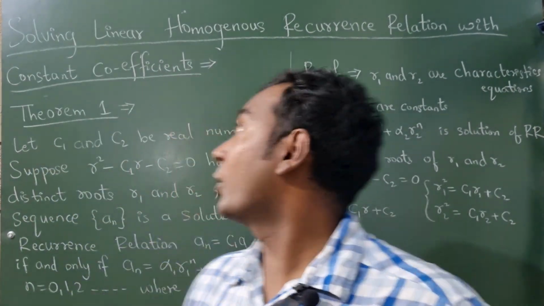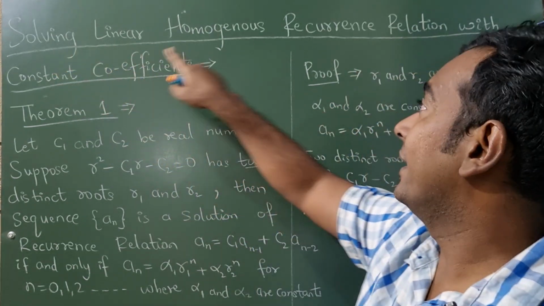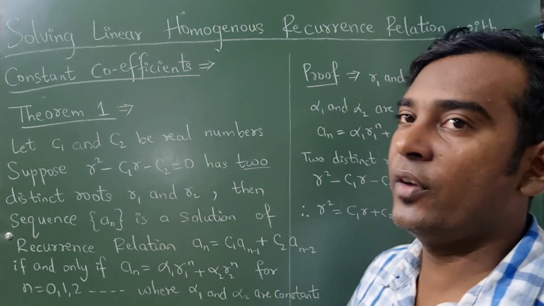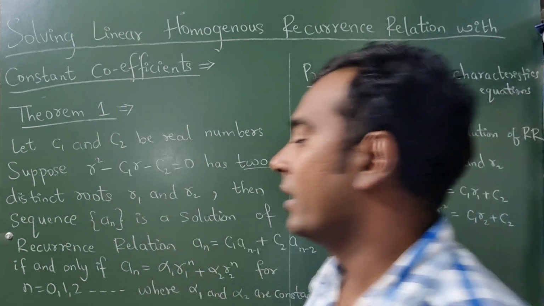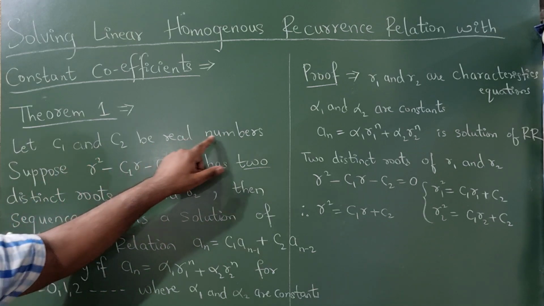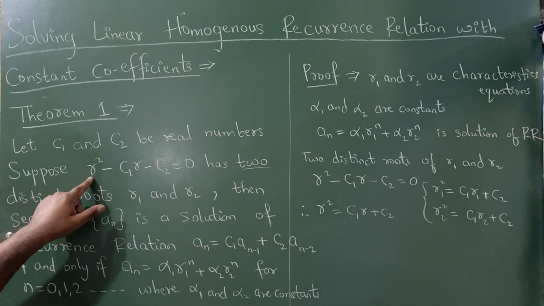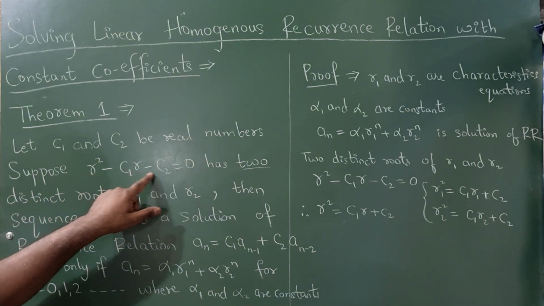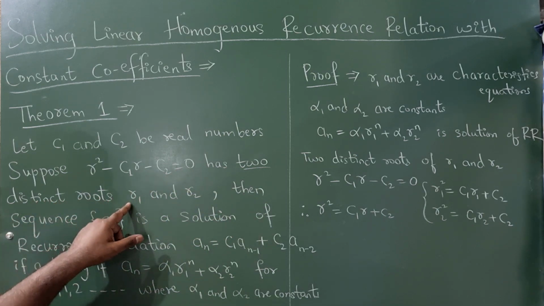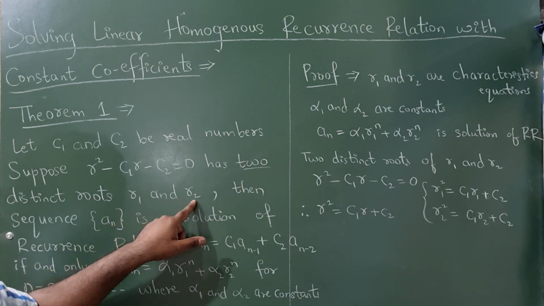Hello everyone, today I am going to explain solving linear homogeneous recurrence relations with constant coefficients. Theorem 1 states: let C1 and C2 be real numbers. Suppose r squared minus C1 r minus C2 equals 0 has two distinct roots, r1 and r2.